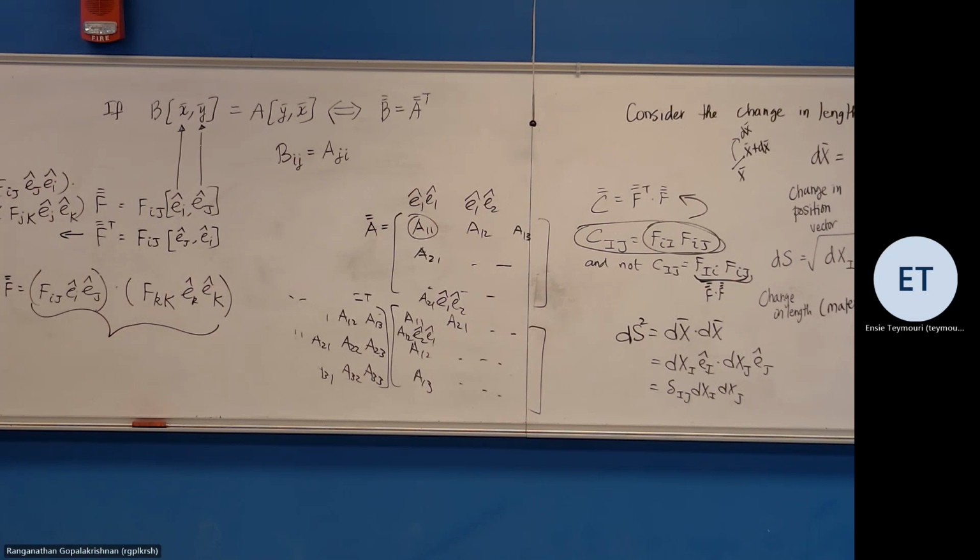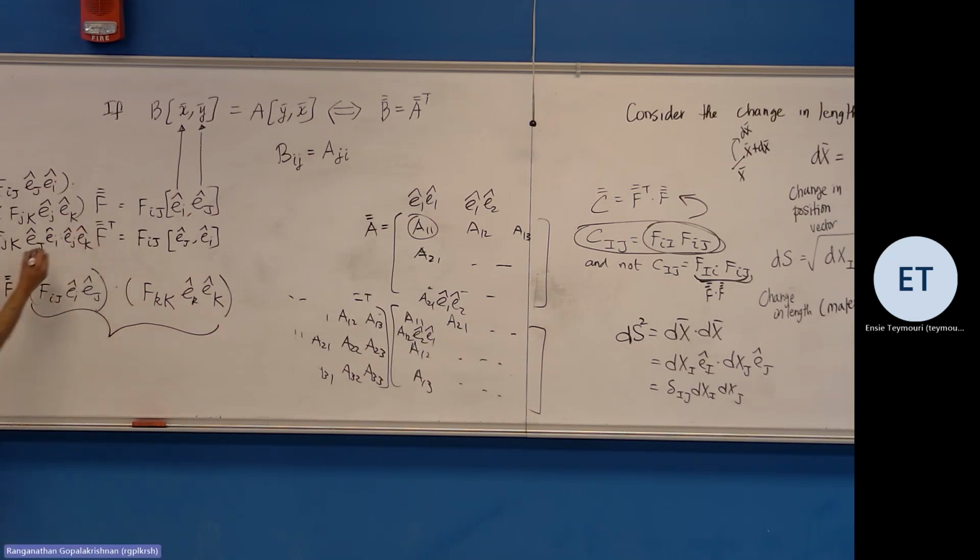So this would be F_ij F_jk e_j e_i dot e_j e_k.